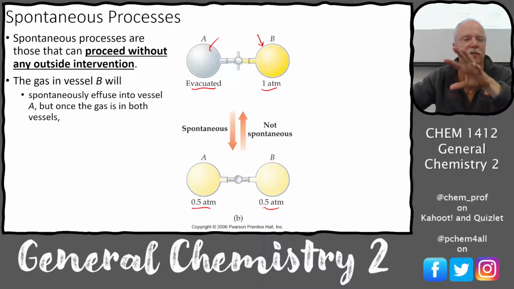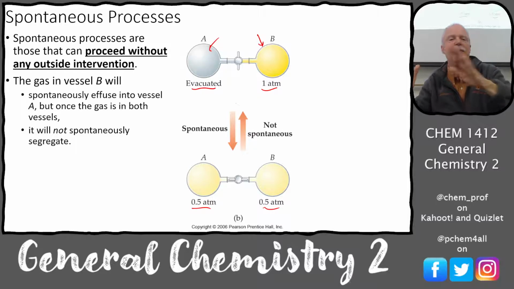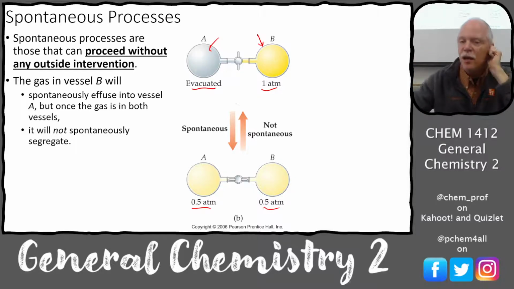So this gas in vessel B will spontaneously effuse into vessel A, but once it's in both vessels, it will not spontaneously segregate. It's not going to just show up in B again by itself, like all of the gas moving into B. Is that impossible?